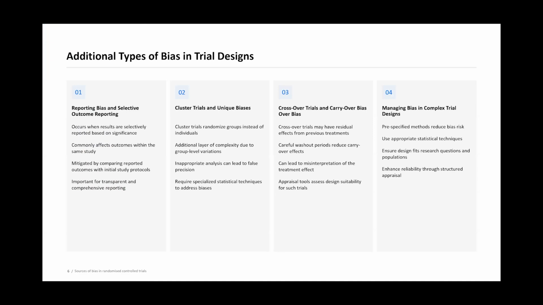We have something called the cluster trial, where a group rather than individuals are randomized, and it can suffer from false precision if the analysis does not account for group-level variation. Similarly, we have the crossover trial, where the participants receive more than one intervention in sequence and may have a carryover effect from one phase because they are switching.